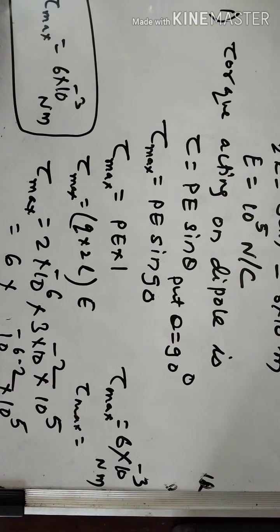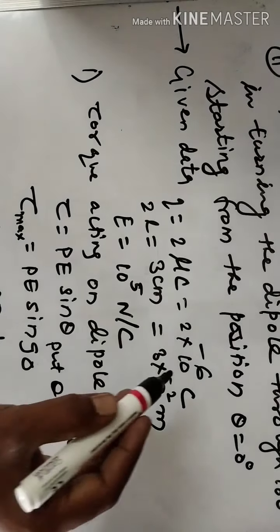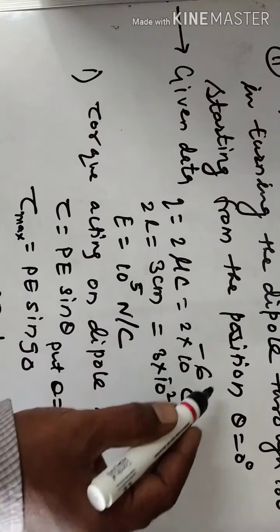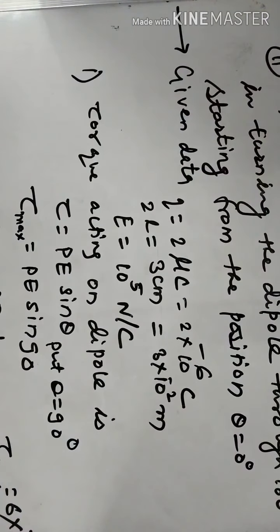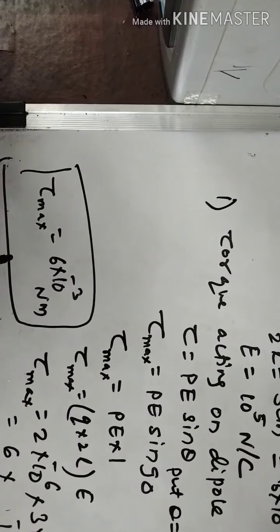So minus 6, minus 2 gives minus 8, plus 5 gives minus 3. So 6 into 10 to the power minus 3 Newton meter. So this one is the first answer.